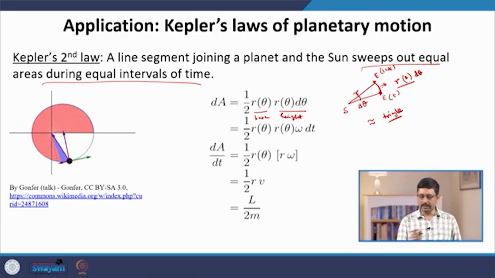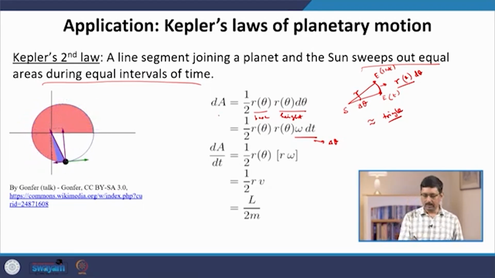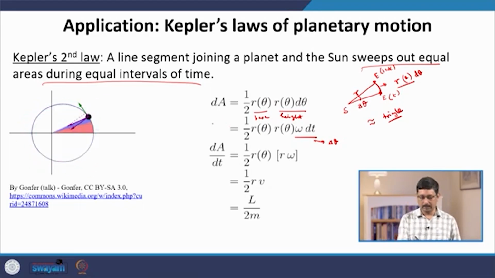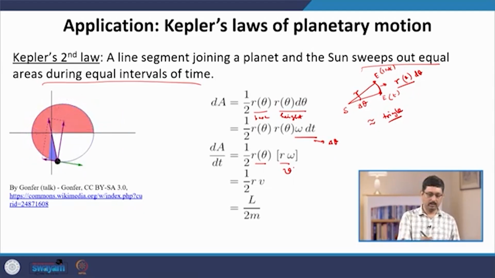If the angular speed is omega, then the angle covered, delta theta, will be omega times the time interval dt. Then if we take the rate of change, dA/dt will be half times r omega, and r omega is the tangential speed of the earth along the trajectory.